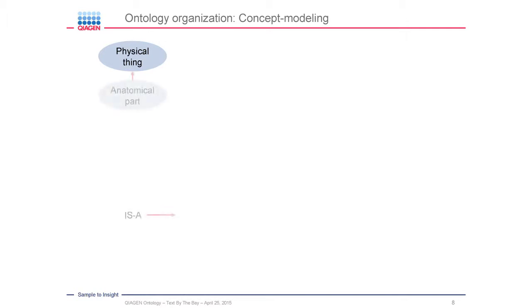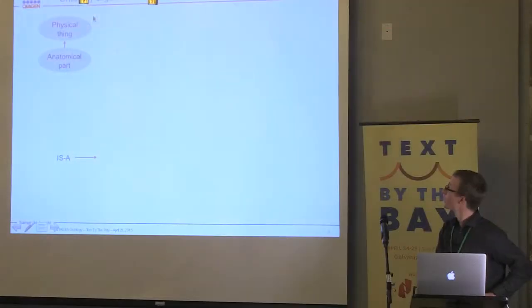We started at a pretty high level, say physical thing, and within that we might have anatomical part. The gray items here are classes. The lines between them will be slots, and I'll color code the slots, so each different type of slot that I'll be referring to will get a different color.